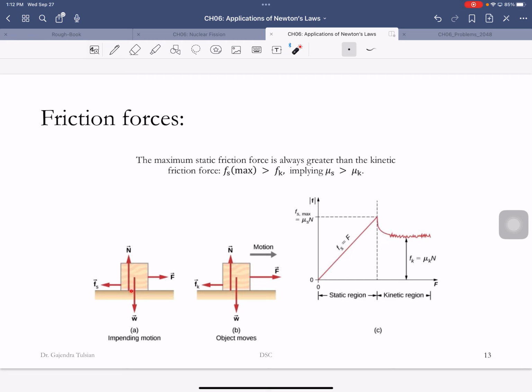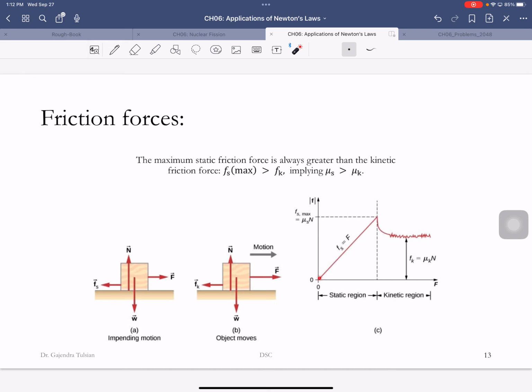So if you ask them to pull harder, they pull harder. But there's a limit to how hard they can pull. Right? So if you apply a great enough force, then you'll break those bonds and the object will start moving. So that greatest force that the two surfaces can sustain is the maximum static friction force.